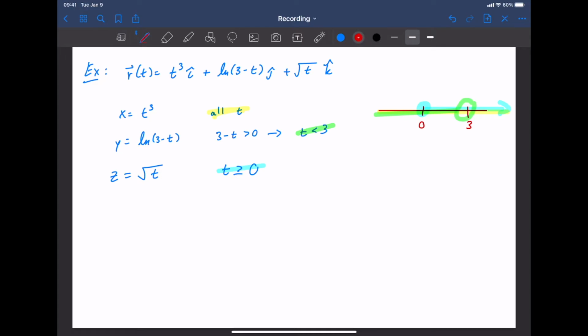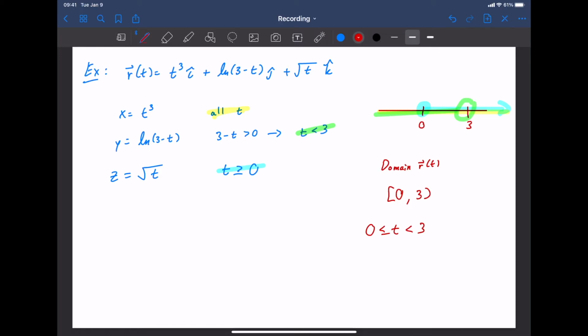And there's only one situation. Again, some people say all t here. That's not true. We can't use all t for y. We can't use all t for z. The domain for r of t would be 0, including, up to 3, excluding, or t greater than or equal to 0 and less than 3.